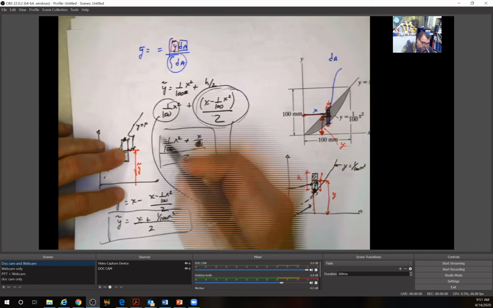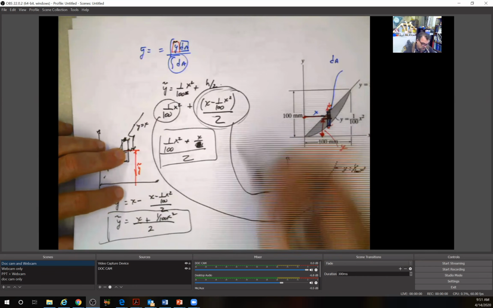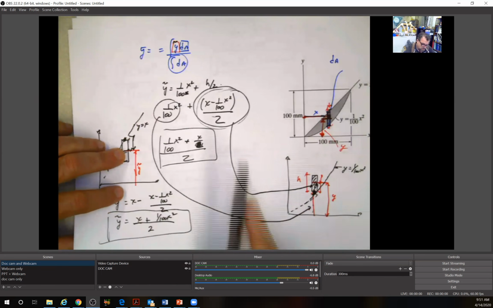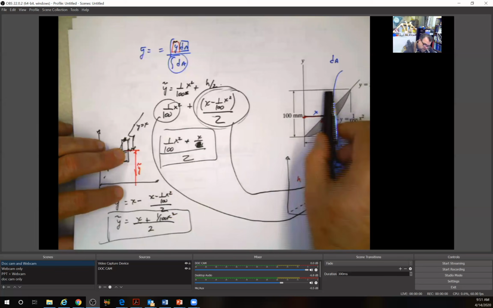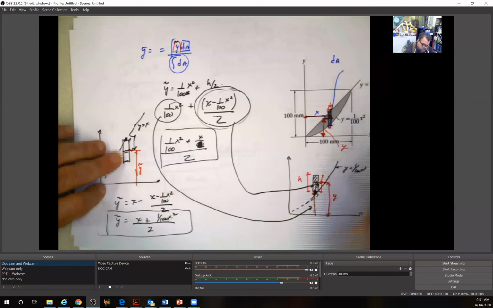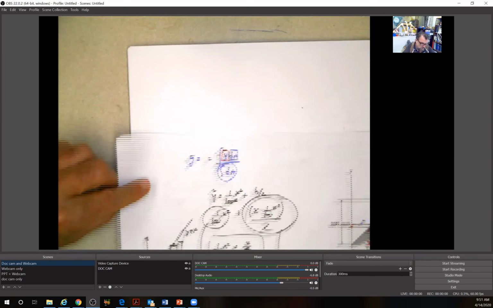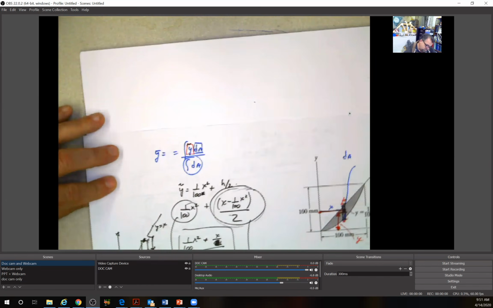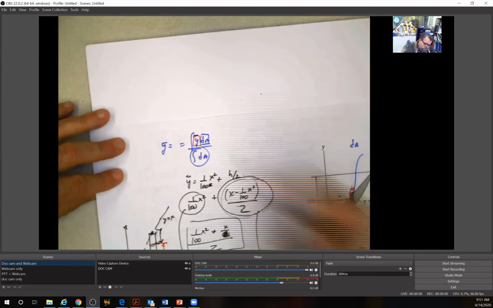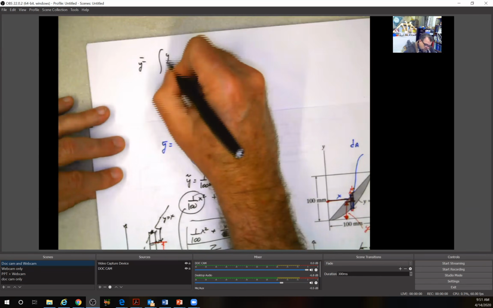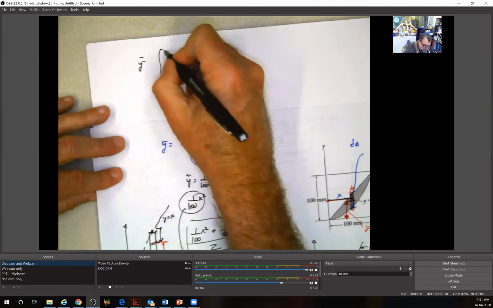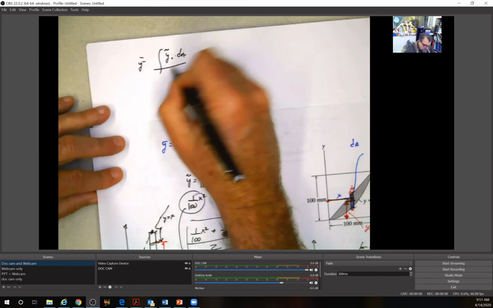And now you can use the same thing that we did before. Now your limits are going to change, obviously, because now your limits are going in the x direction. So if you want to keep using the same approach that we used here, which sometimes is easier, in this case I don't see any benefit of doing this. I just want to show you that you can do it. It's the integral of y wiggly times dA divided by the integral of dA.